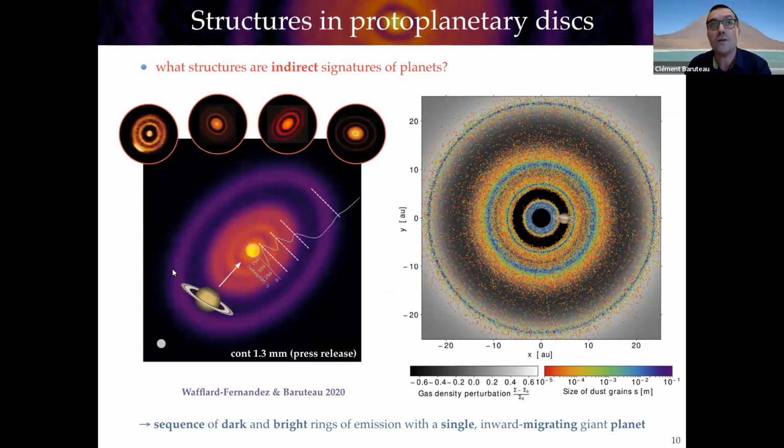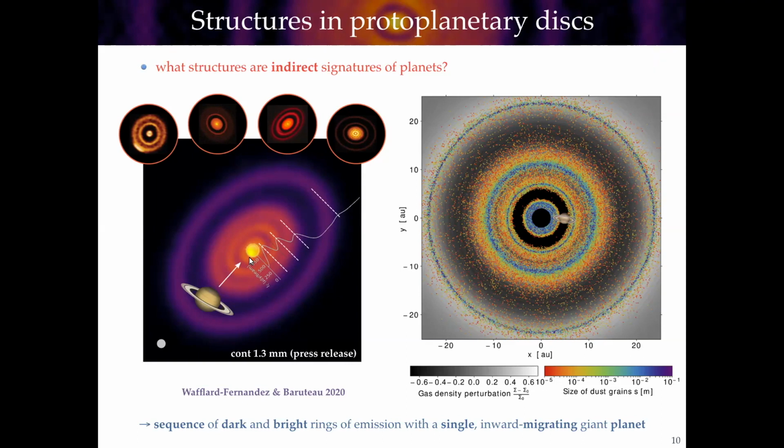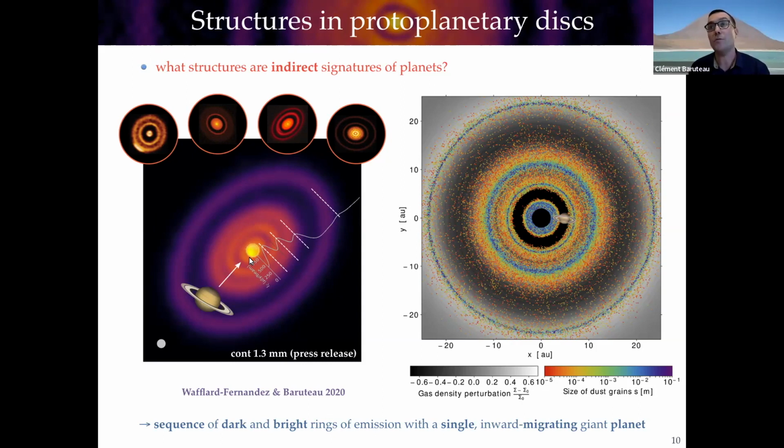This is shown in the left-hand plot, a synthetic map of the dust continuum emission at 1.3 millimeters, where you see this sequence of dark and bright rings of emission, which is just due to one planet migrating in the disk and not to several planets, each located in a dark ring. So this is an alternative scenario where multiple ring-like structures in a disk could be due to a single planet that has been migrating in the inner parts of its disk.